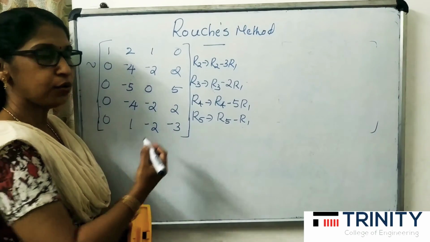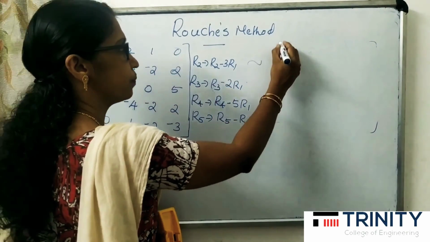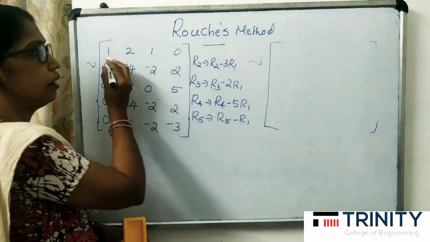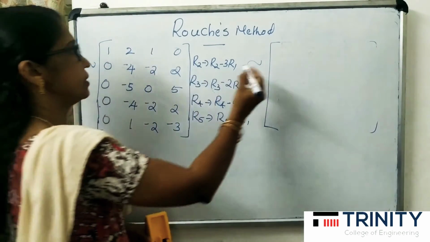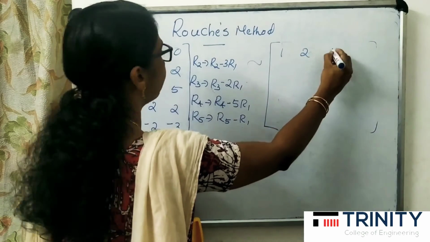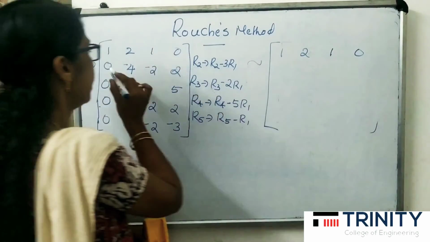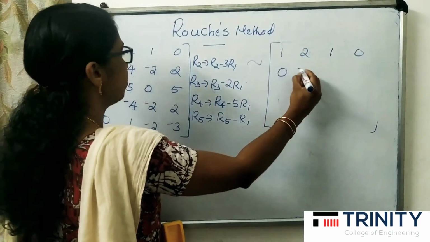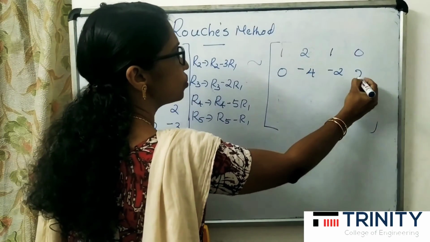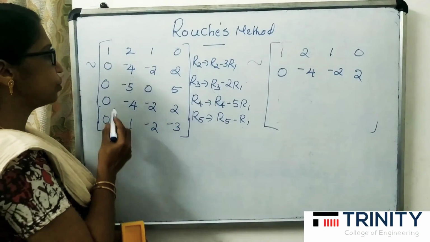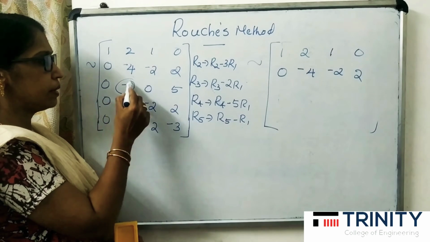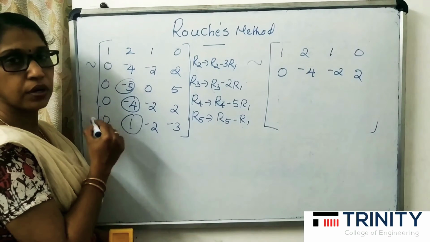Now, which is equivalent to: first row and second row become fixed. So 1, 2, 1, 0. And second row is 0, minus 4, minus 2, 2. Now we have to make these elements 0.